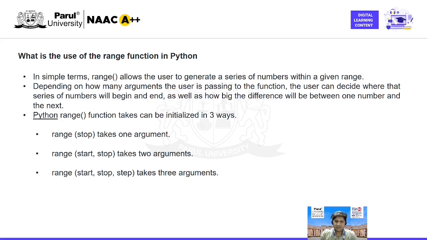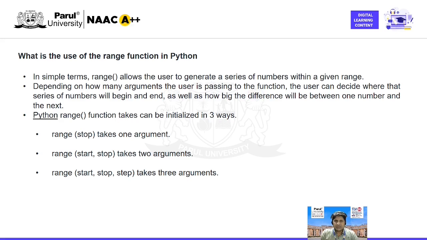For example, if you want to generate all even numbers between 0 and 100, or the series of odd numbers between 0 and 100, then the range function is very useful and very common. Depending on how many arguments the user is passing to the function.